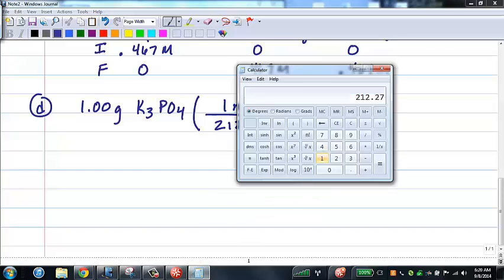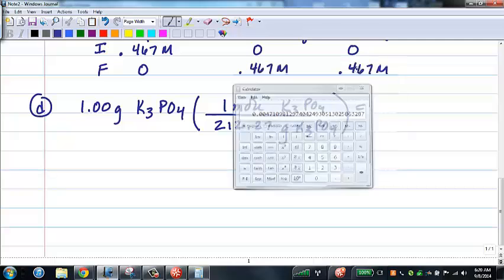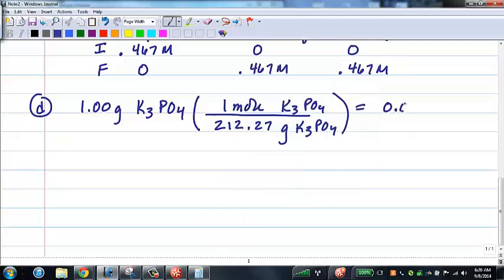And we had 1 gram, so 1 divided by 212.27 is equal to 0.00471 moles of K3PO4.